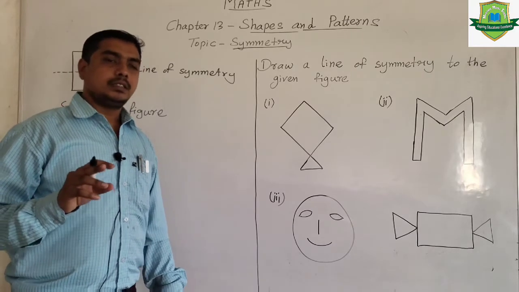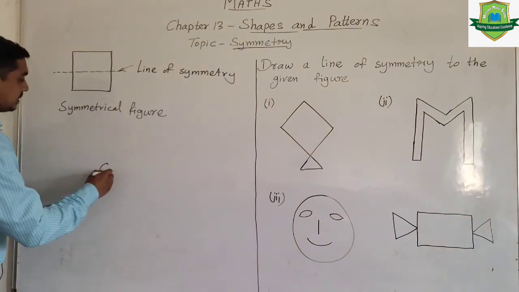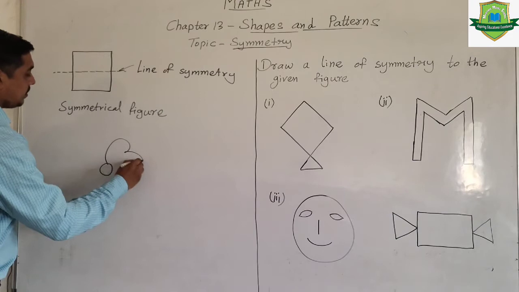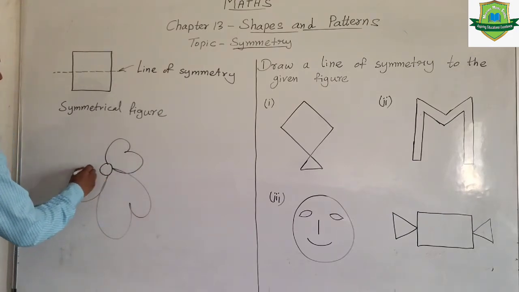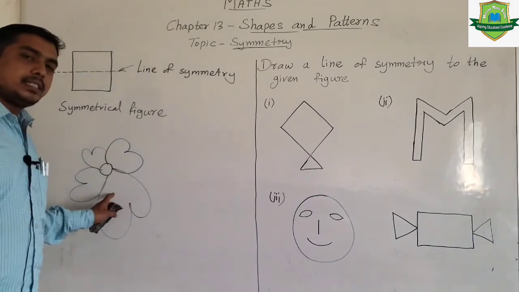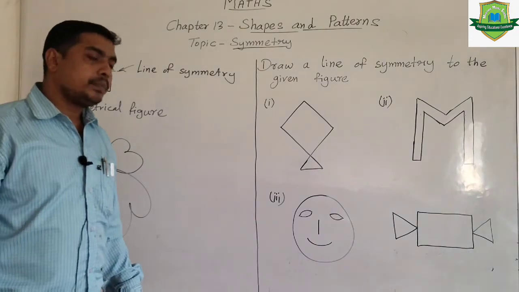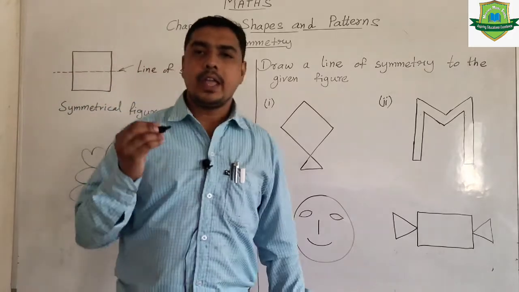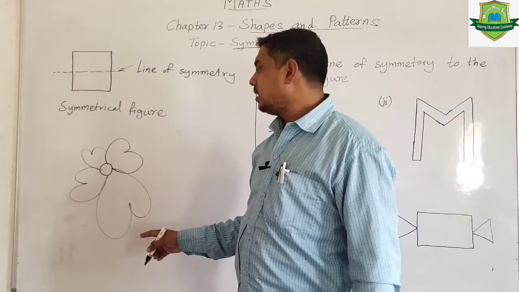Okay dears, suppose I am drawing one figure here like this. Dears, in this figure of a flower, can you draw a line of symmetry? Are you able to draw any line of symmetry in this figure?